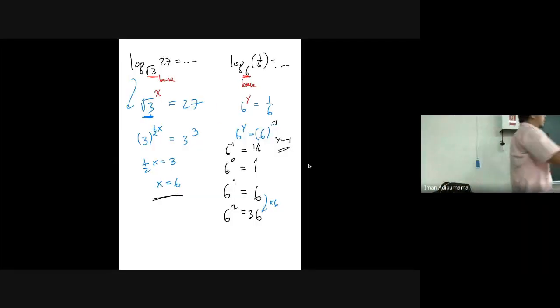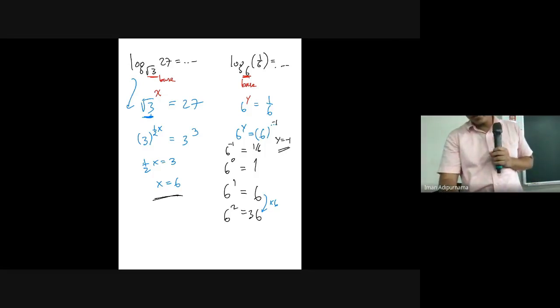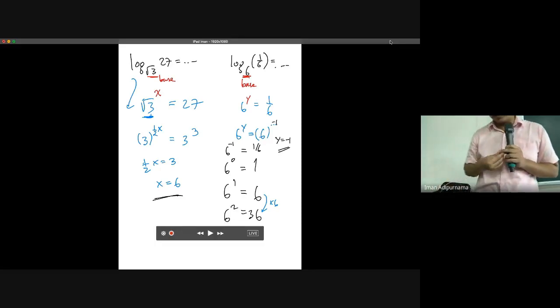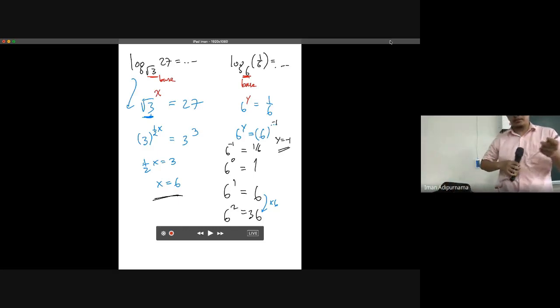Who else is still confused on how we solve this? Who else? No, right? You got it right. And also for the online students, please check your basic concepts from high school.